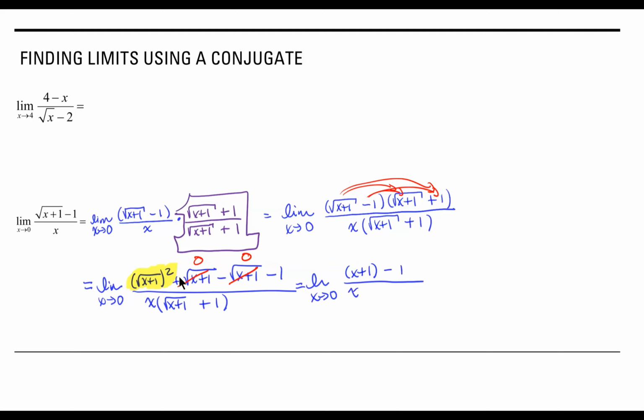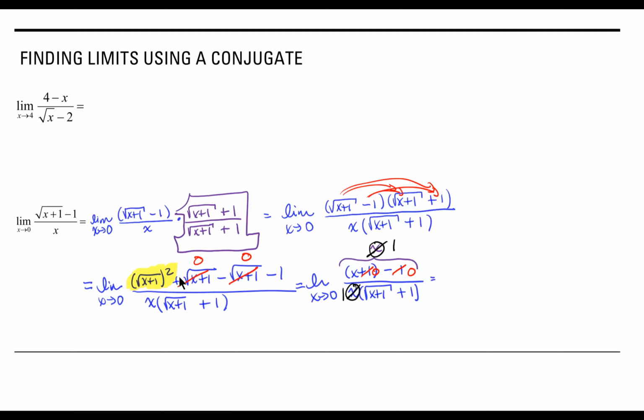And then in my denominator, x times the quantity (square root of x plus 1 plus 1). Now at this point, I can see that I'm going to have a plus 1 and a minus 1. Those are going to sum to 0. And what I'll be left with in my numerator is simply an x. Now that x that I have left over in my numerator, I can simplify with my denominator. They will divide out and become a 1.